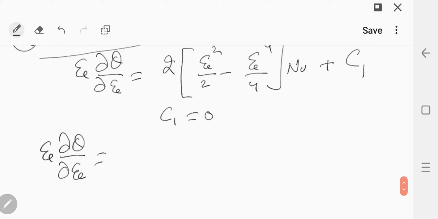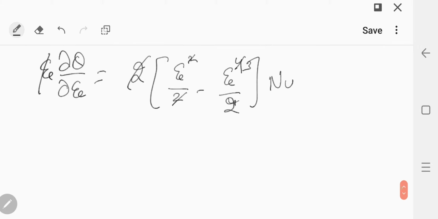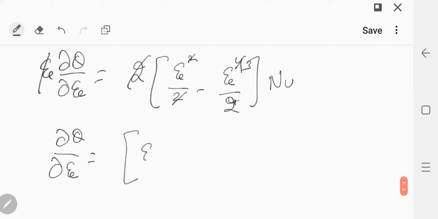So the expression becomes into Nusselt number. Now again, this 2 cancels with this, zeta cancels with this. So del theta by del zeta reduces to zeta minus zeta cube by 2 into Nusselt number.